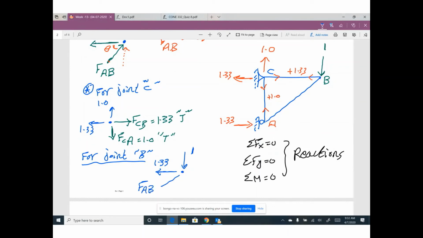I'm going to assume this force like this. That makes sense because your vertical component will be opposite to the unit load. This force, I think, will be 1.67 compression. So the internal force in this member will be compression, negative 1.67.